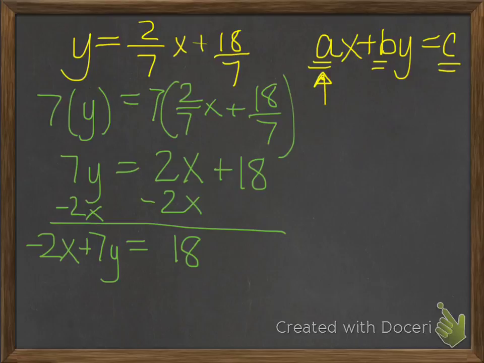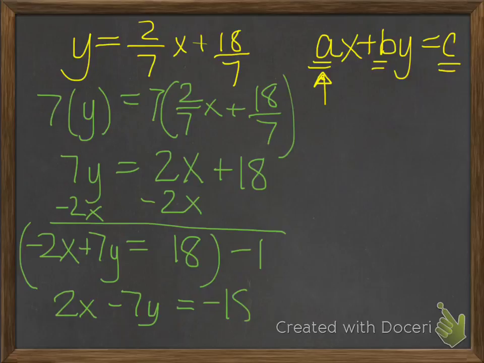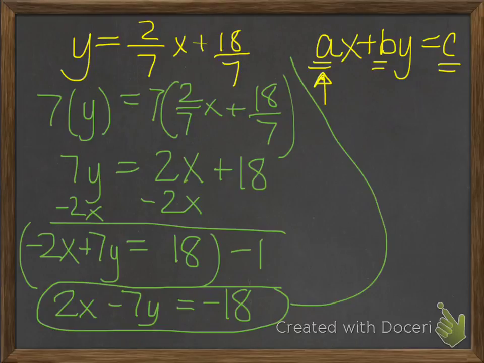Because that leading coefficient is negative, I'm going to multiply the whole thing through by -1. Multiplying both sides by -1 gives me the opposite of every term: 2x minus 7y is equal to -18. So that's that same equation in standard form. These will graph the exact same line.